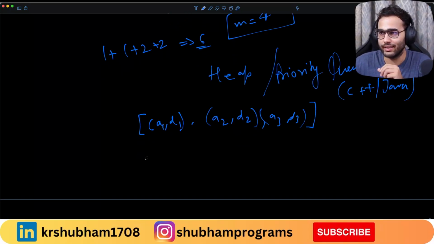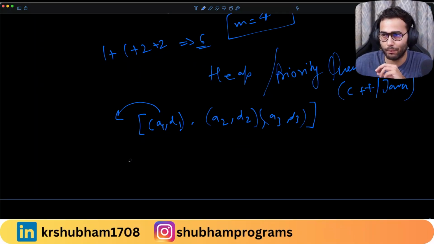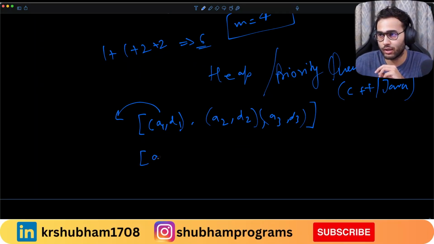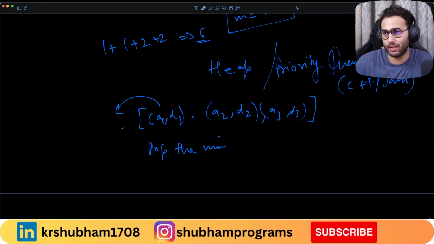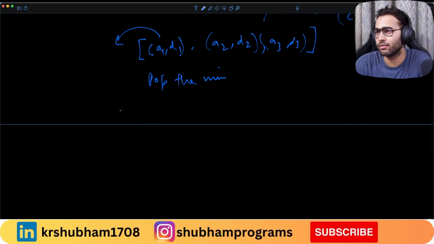Okay. And then every time we pop a value out, so let's say we pop A1, D1 out, we will put A1 plus D1, comma, D1. So basically, pop the min, and then after popping the minimum value, we put down.